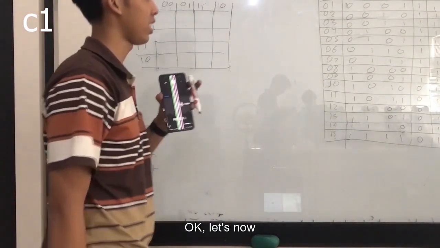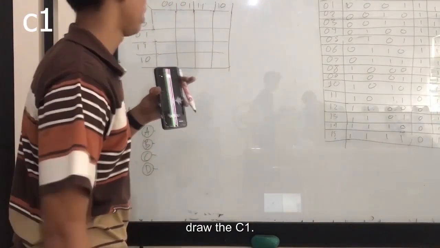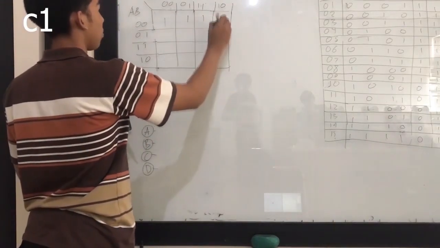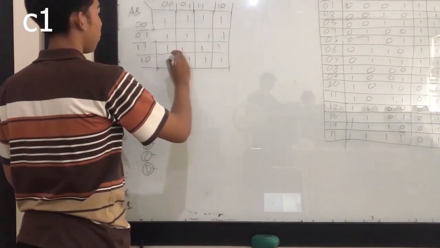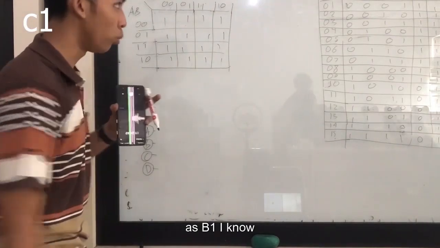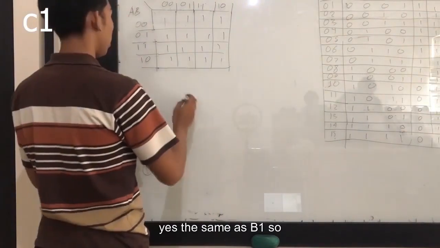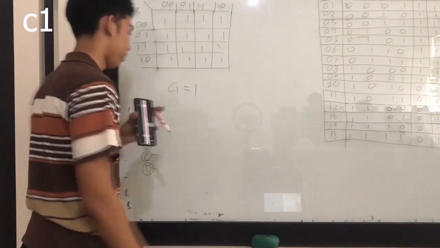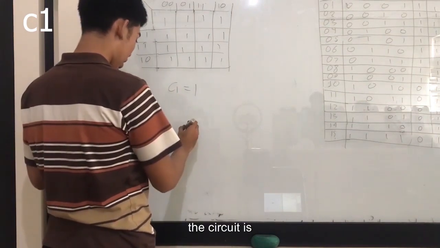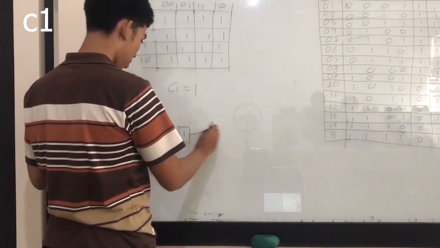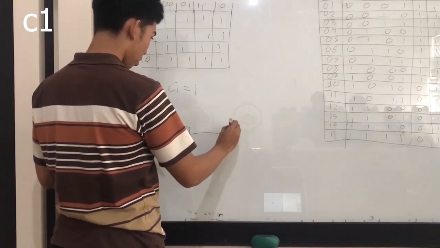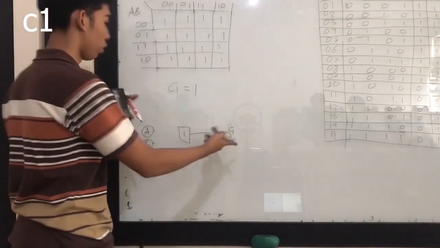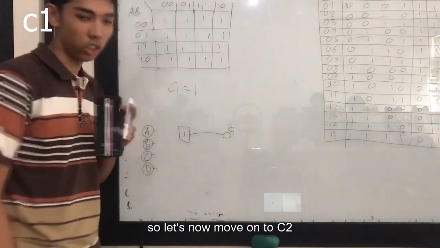Okay, let's now draw the C1. So let's input the C truth table into this kernel map. Okay, it's the same as B1. Yes, the same as B1. So let's draw a conclusion that C1 is equal to 1. Let's draw the circuit. Okay, this is the circuit for C1. So C1 is always 1. So let's now move on to C2.